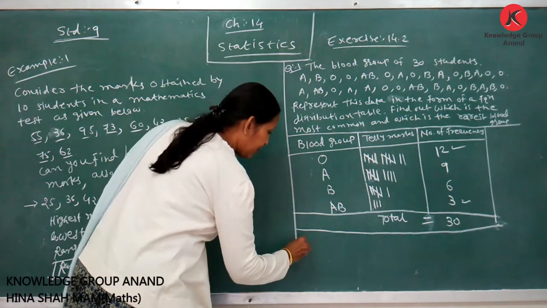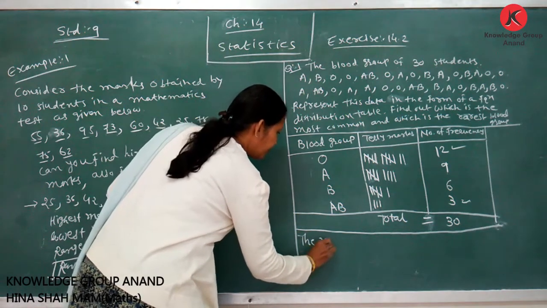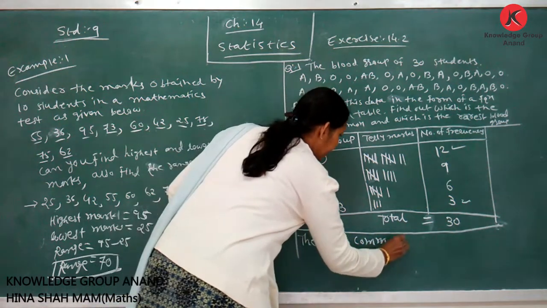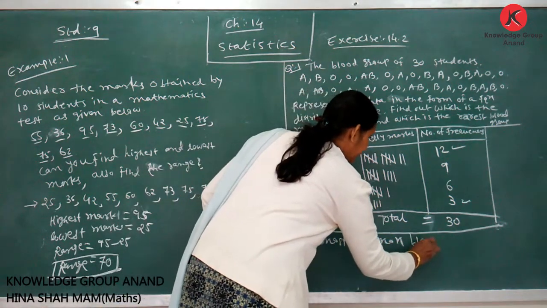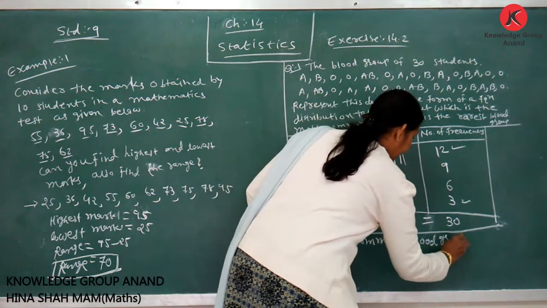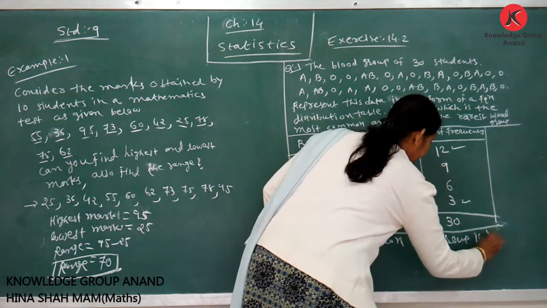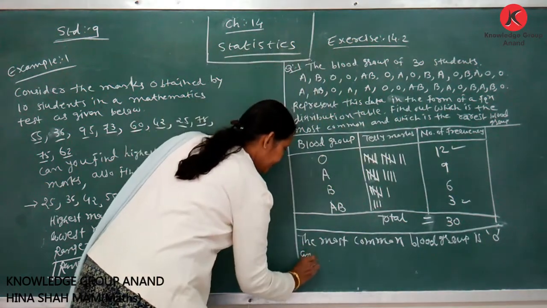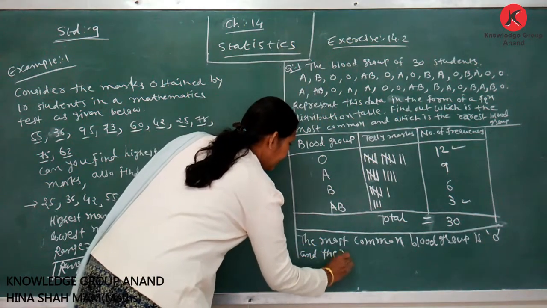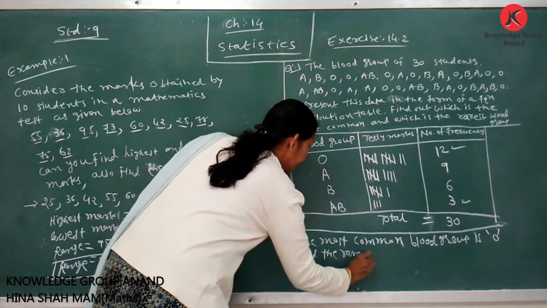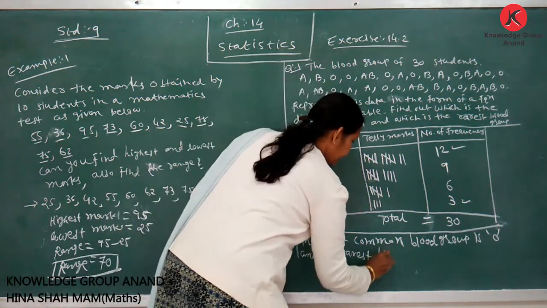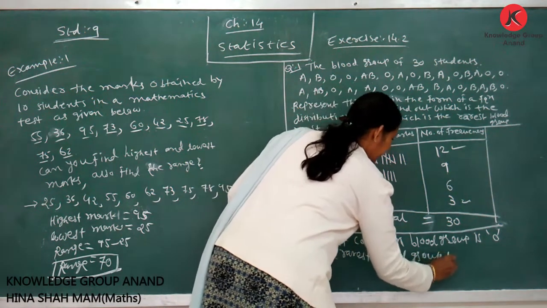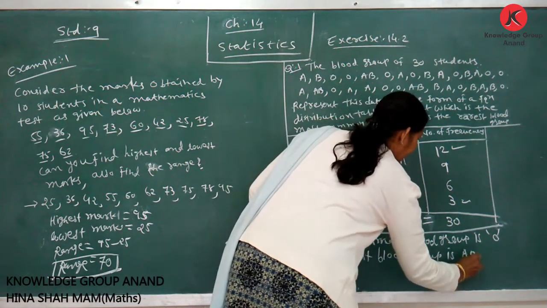The most common blood group is O, and the rarest blood group is AB.